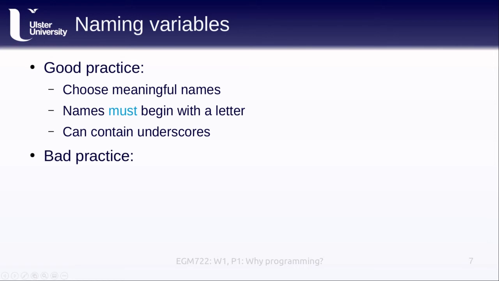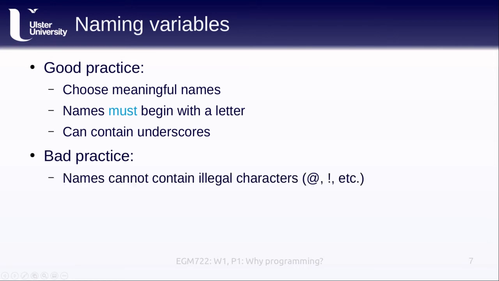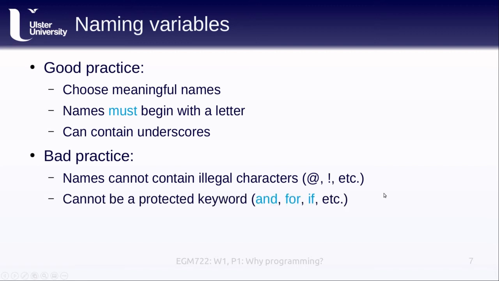Bad practices when we're naming our variables, well, the first one is that we can't use illegal characters, so things like the @ symbol or the ampersand, exclamation points, none of those things can be used in variable names. We also cannot use protected keywords. So these are words like and or for or if, and there's a number of other ones. Again, we'll talk more about these as the week goes on. But these are things that Python has to use for certain operations.